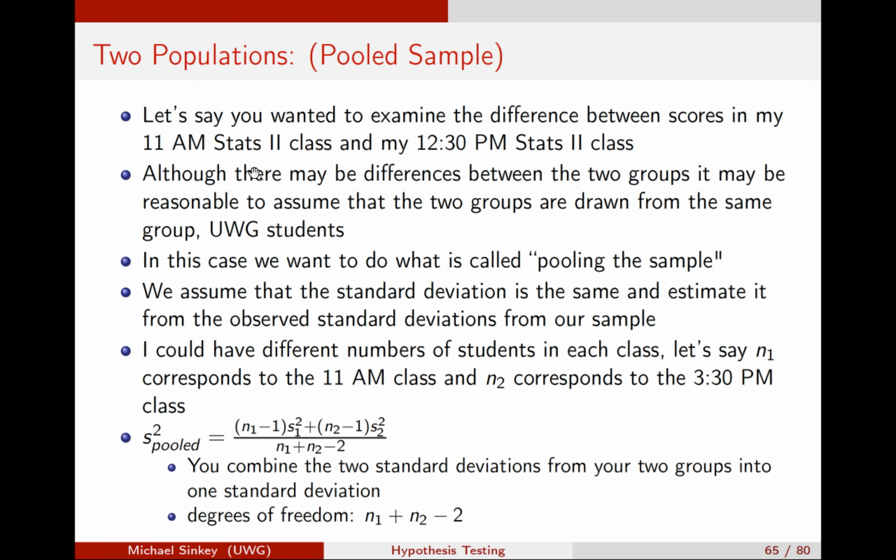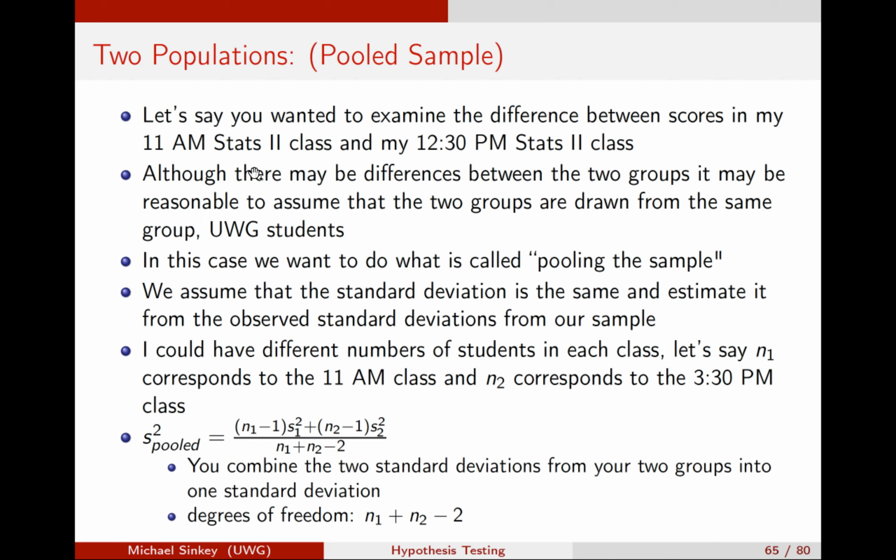With this new setting, which is called pooled, we do have two distinct groups. So I can't draw one person out of one group and another person out of the other group and say that these are exactly the same population, but they may be very similar.